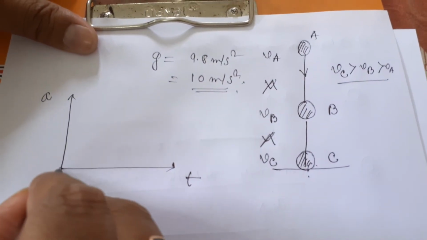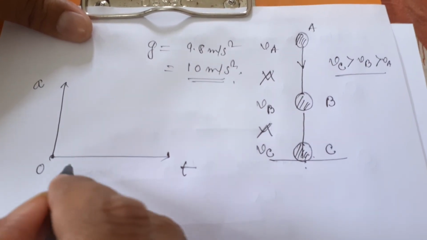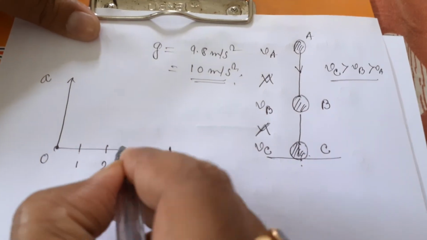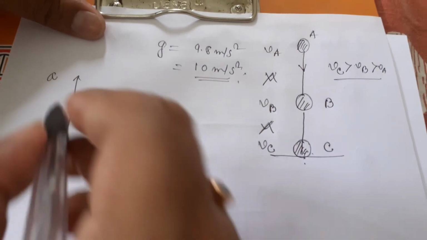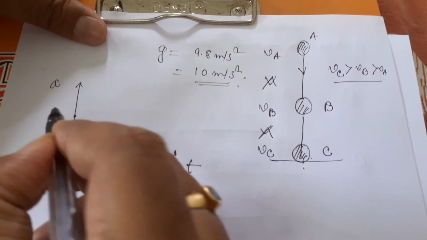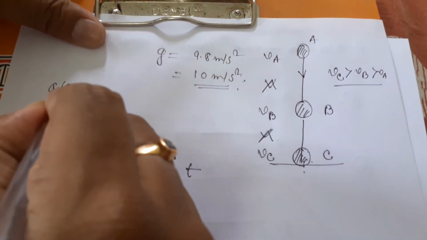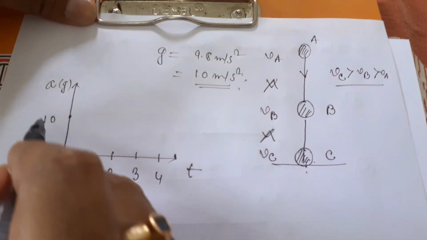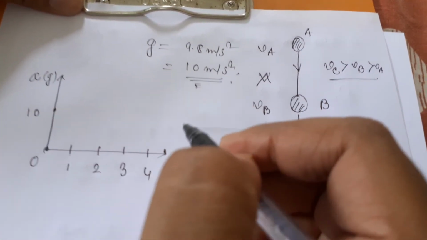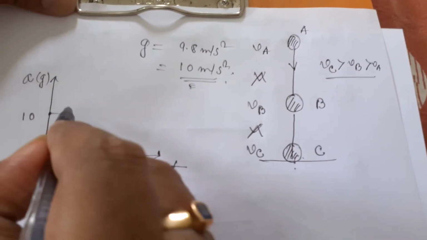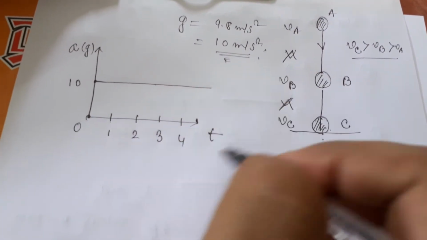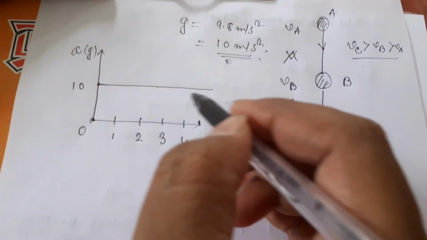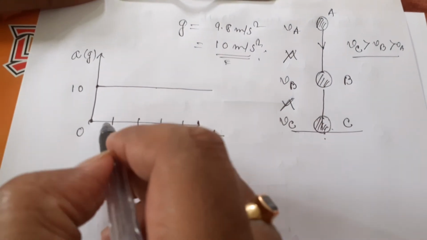Maybe this position is 0, here 1 second, here 2 seconds, here 3 seconds, here 4 seconds. Maybe 4 conditions I am taking. So 10 maybe here, that means g. Here it is not a, g is there. That value we have considered as 10 meter per second square. So constant acceleration is here. Everywhere gravity is the same on the surface of the earth, we all know that. So that's why it is constant here.